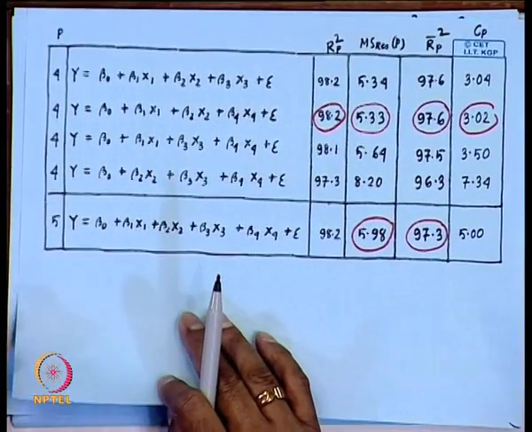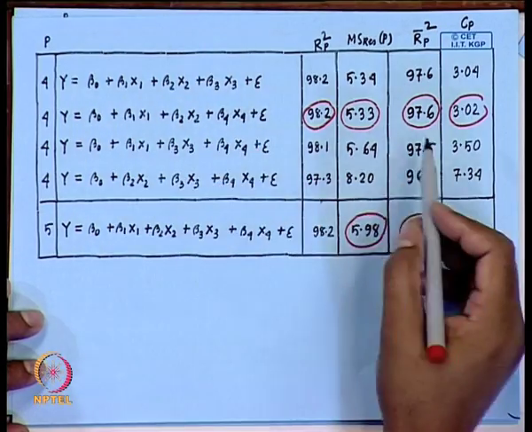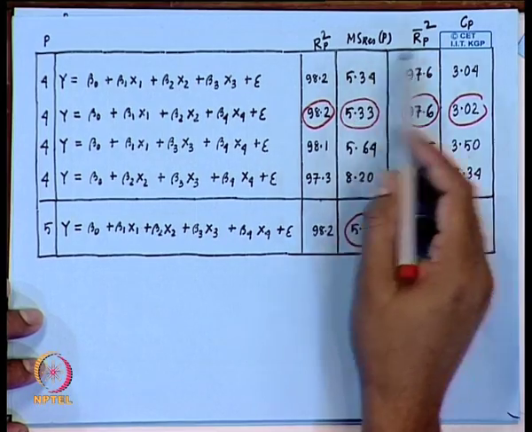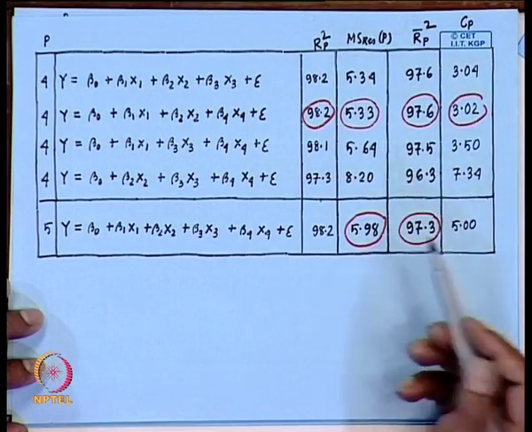And among the 3 regressor models, this one is, of course, good with respect to all the criteria. So this is how we write down all the models involving maximum k minus 1 regressors, and then we fit them and evaluate them using some criteria, and we choose the best model out of all possible models.